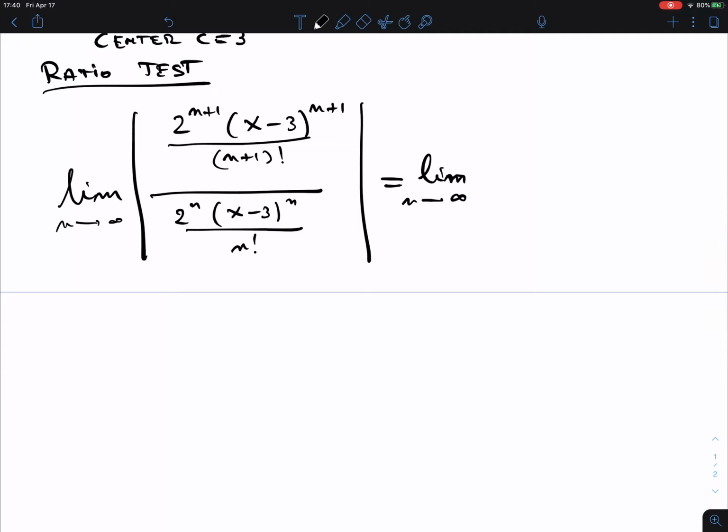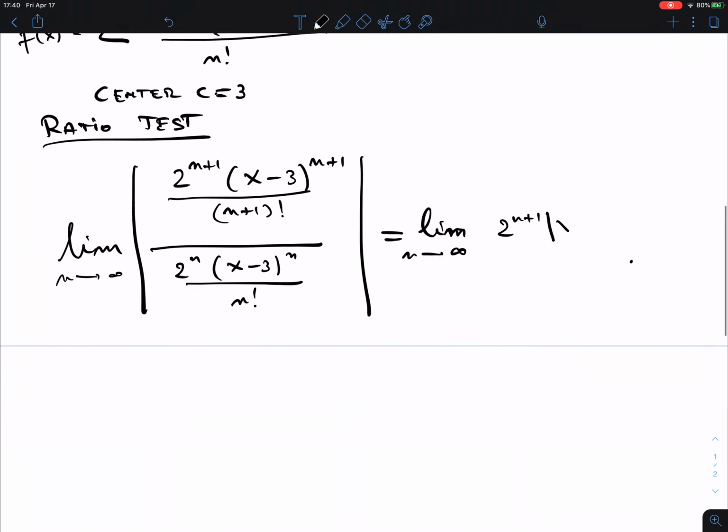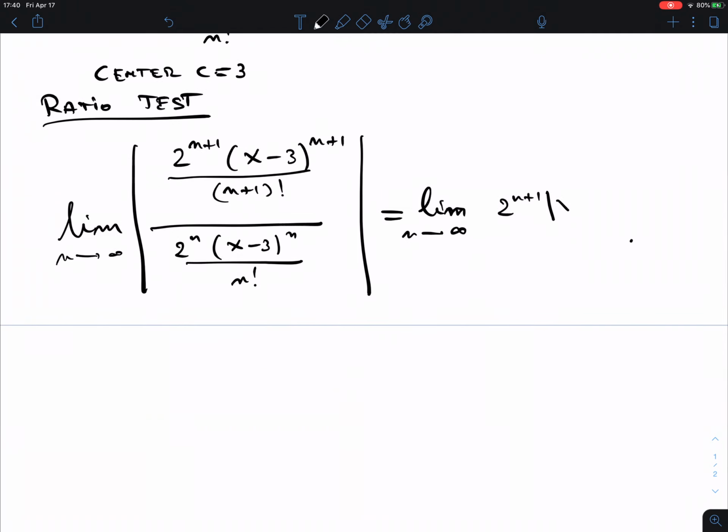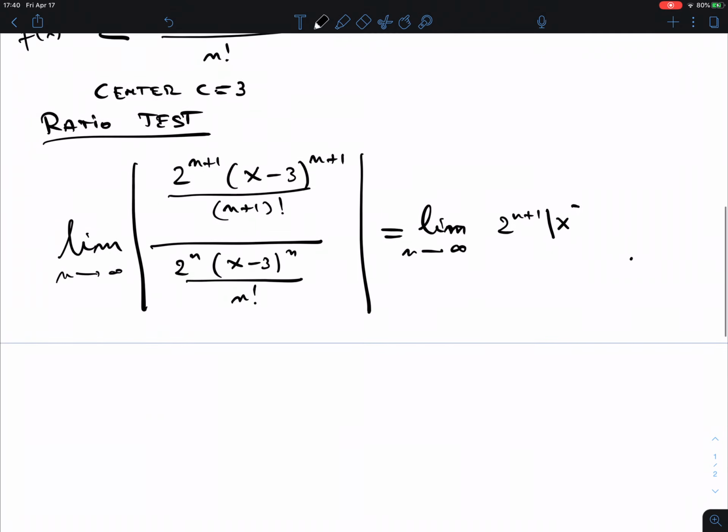I'm going to rewrite everything. 2 to the n plus 1 goes on top. On the top also we get the x minus 3. Now, I already just told you, the only thing that can really be negative is the x minus 3. So I'm going to write x minus 3 to the power n plus 1.